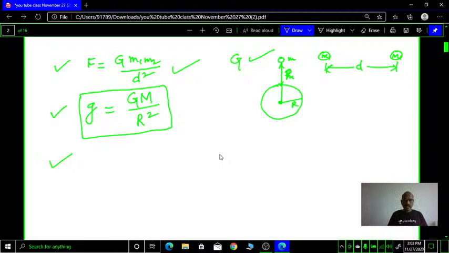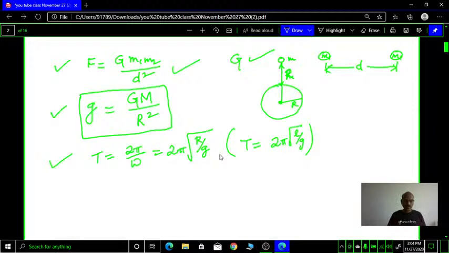We know the time period of a satellite, T = 2π/ω, which we can write as T = 2π √(R/g), where capital R is the radius of the earth. Generally, we know the time period 2π √(L/g) for the string.